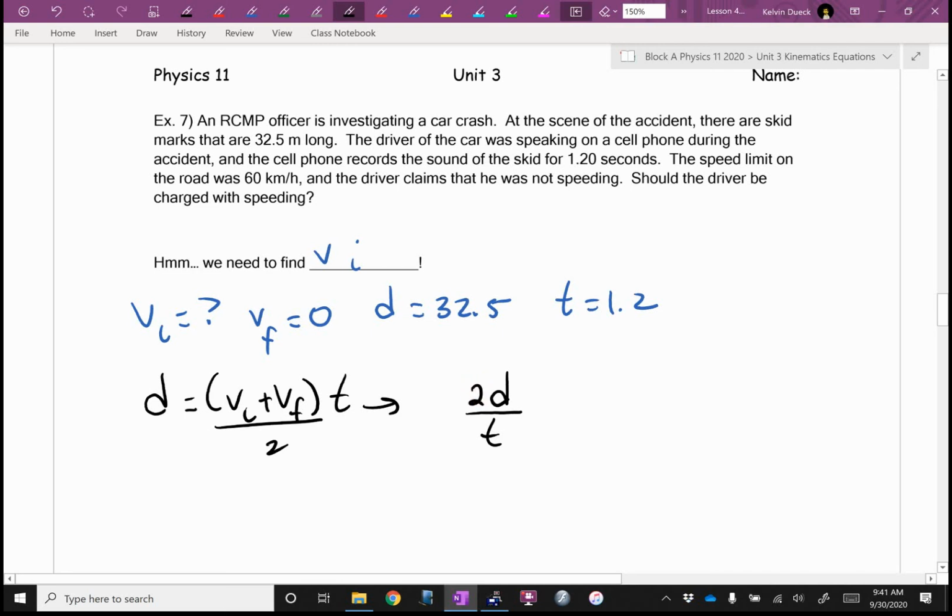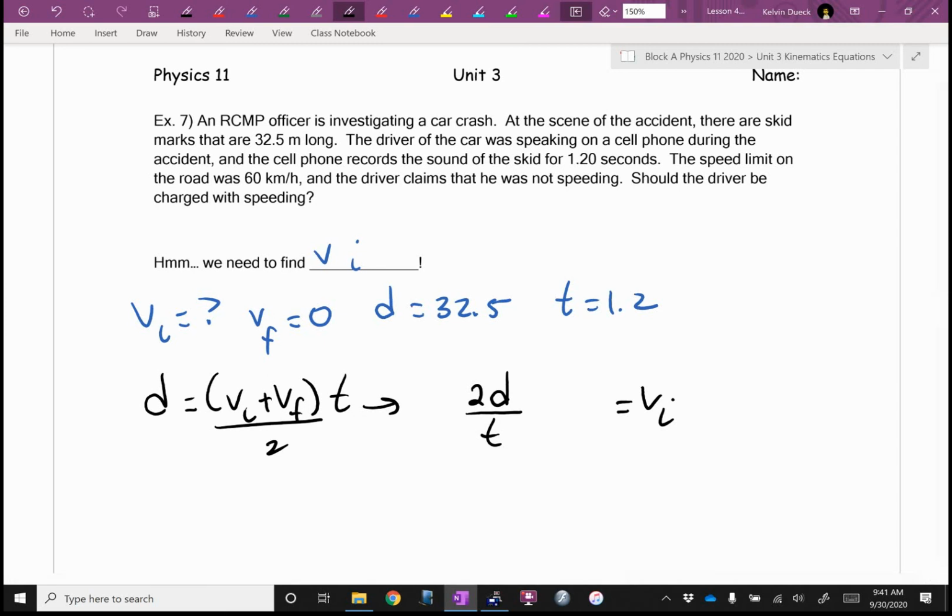And then I would have a VI plus VF. So, what's the VF doing to the VI? Now technically it's minus VF, that equals VI, but what's VF as a number exactly? If it wasn't 0, I would have left it there, and in your homework there will be a couple where VF isn't 0.